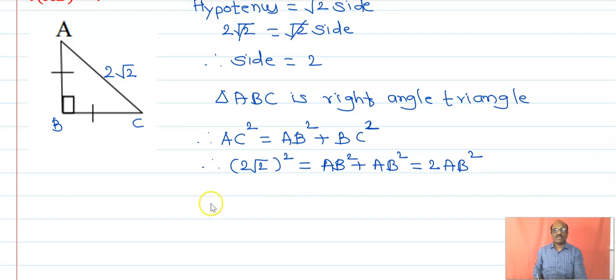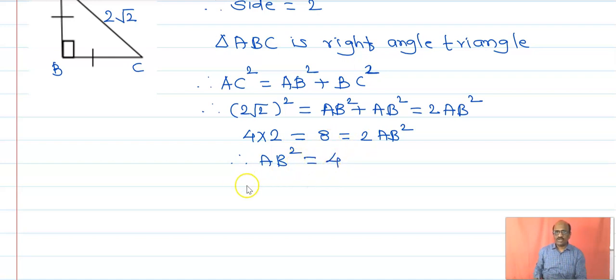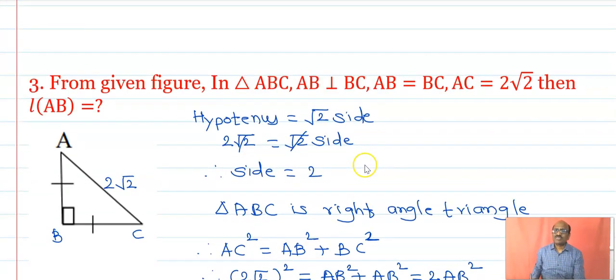The square of 2 root 2 is 4 into 2, that is 8, equal to 2 times AB square, and therefore AB square is 8 upon 2, that is 4, and hence AB is equal to 2. You can solve it that way also.